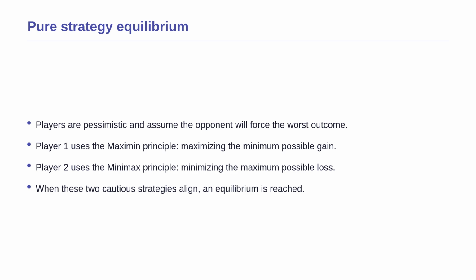This cautious approach is called the maximin principle. The second player is equally pessimistic, looking at the maximum possible losses in each column and choosing the column that gives the lowest value. This is the minimax principle, which minimizes their maximum possible loss.